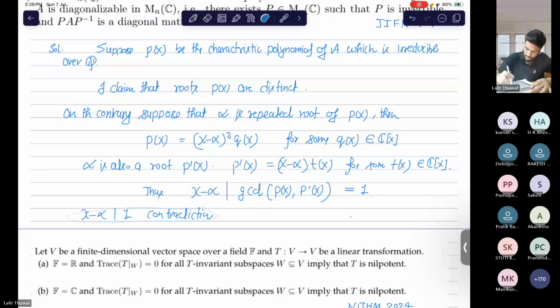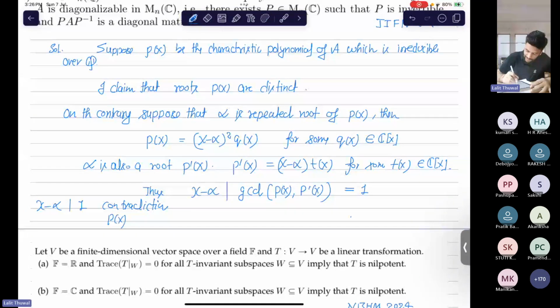So the characteristic polynomial is the minimal polynomial, right? So thus the minimal polynomial has no repeated roots.